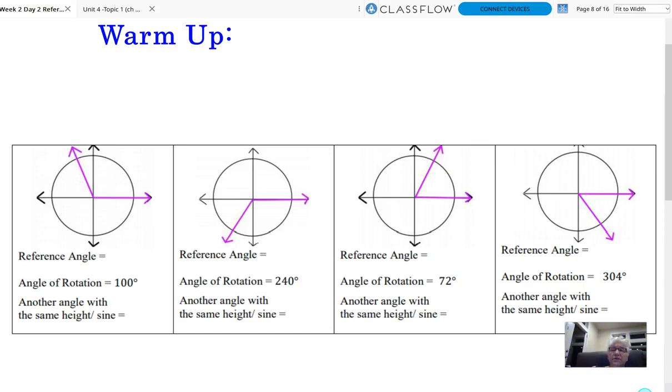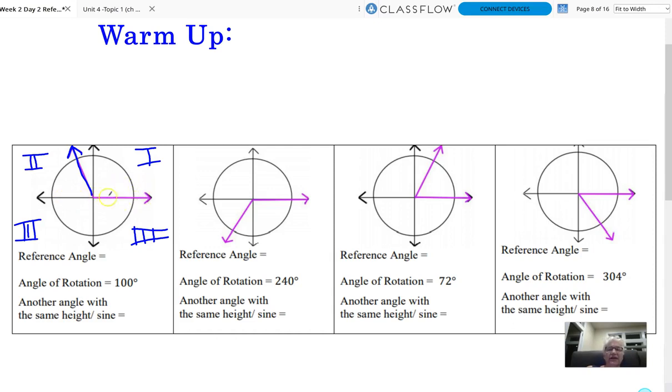first thing you always do is to pay attention to 2 different things. One is the quadrant where your terminal ray rotates to, and also what angles it appears between.